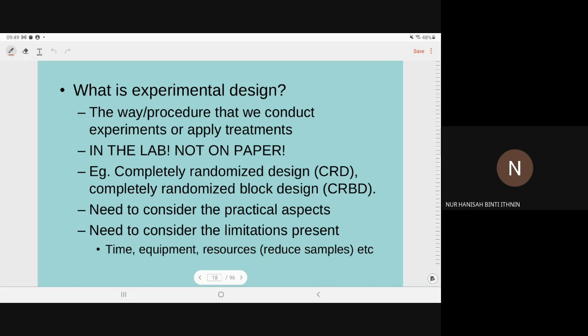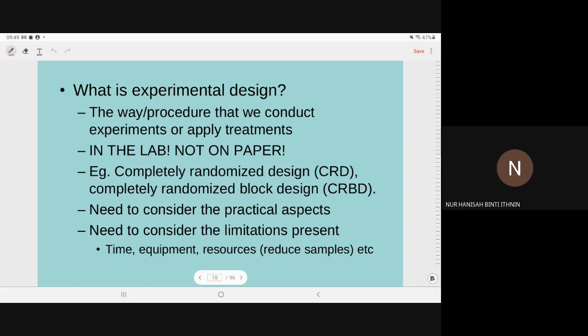What are the equipments that you are going to use? What are the apparatuses? Preferably, go in the lab and try it out. It doesn't mean that you have to analyze your samples, but you need to try to apply the treatments onto your samples. Then you can get a better feel of what you need to do. Based on that, you determine the design of experiment.